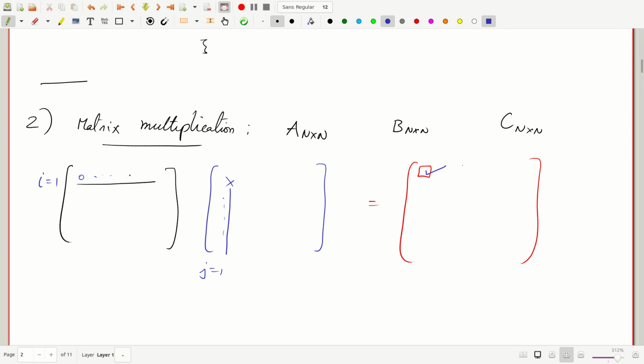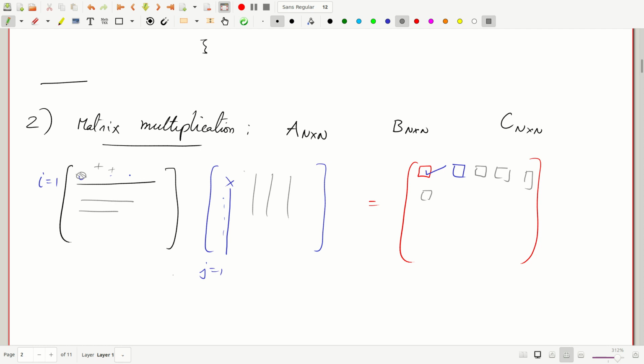Accordingly you would also fill up all other elements in this C matrix by choosing different columns and different rows, and then you would fill up those values here. Okay, so essentially you have one row multiplying one column, element wise, and then sum all of them, right? That's what the algorithm is, right?